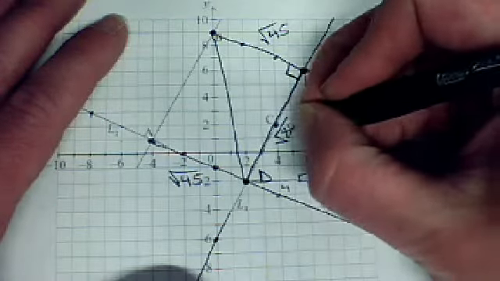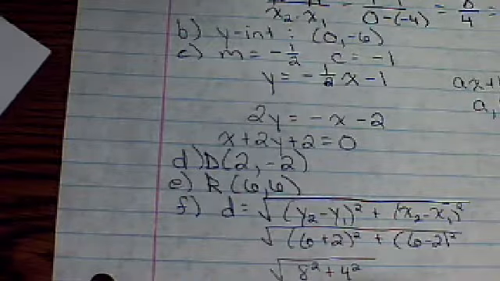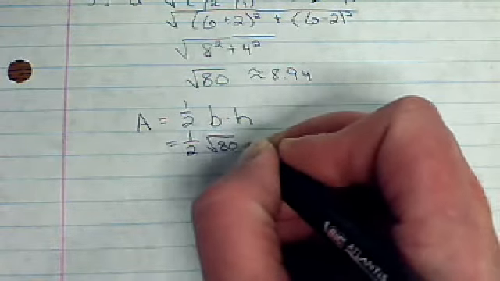This is the square root of 80 because we just found it. In a right triangle, you can turn it any way you want. Base, height. 1/2 base times height is how you find the area of a triangle. So that would be 1/2 the square root of 80 times the square root of 45.